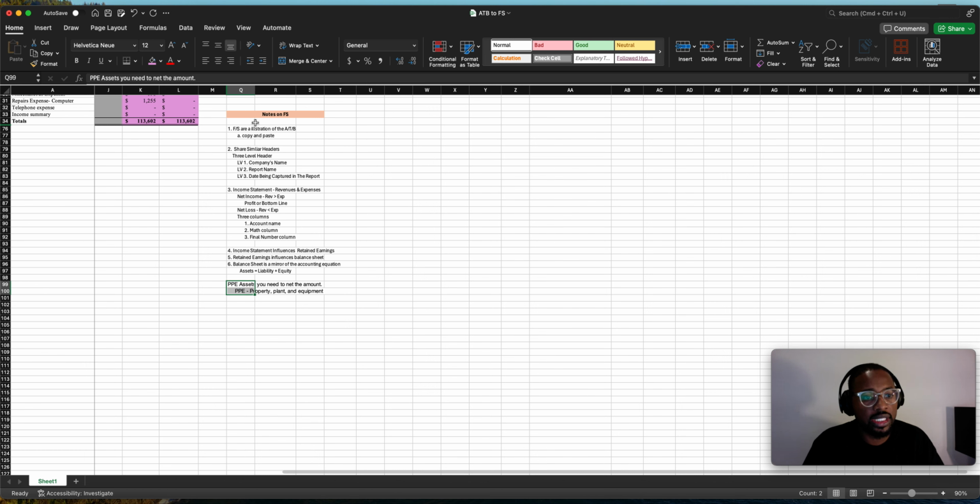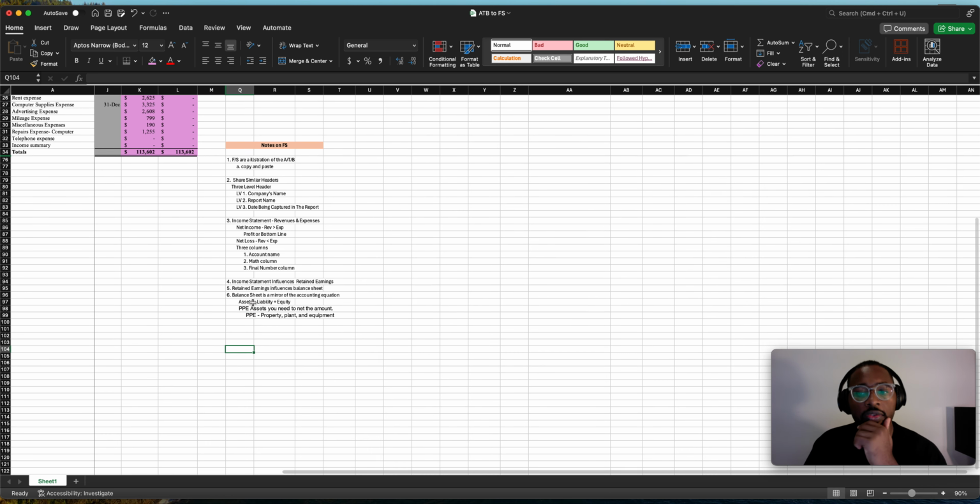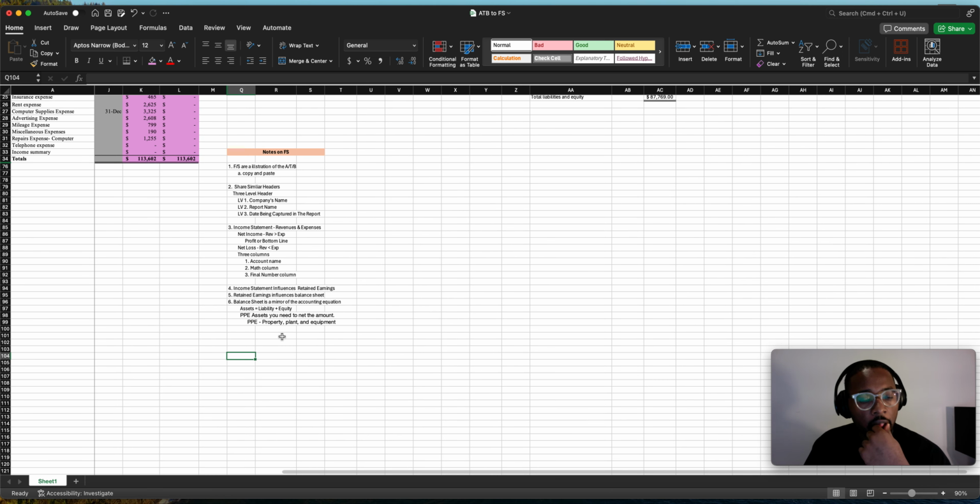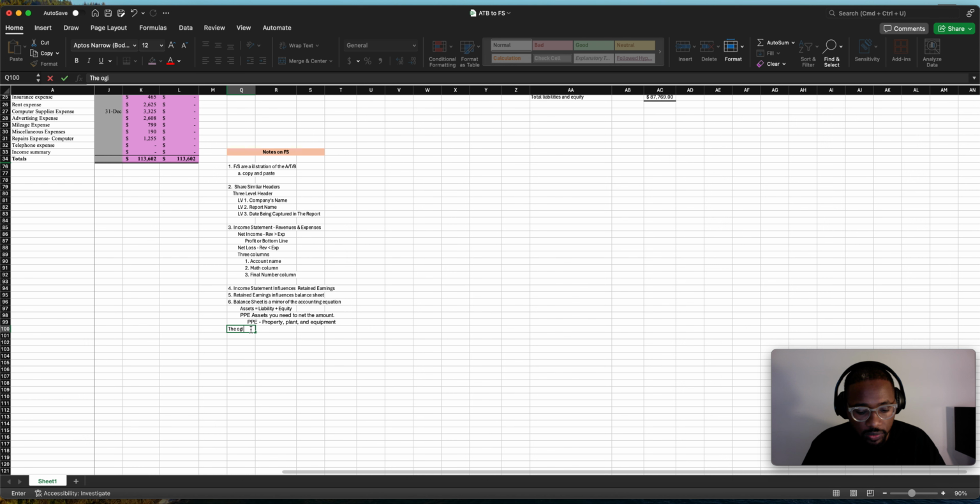So whenever you're dealing with property, plant, or equipment, you need to net the amount. Then the question is, what are we netting?